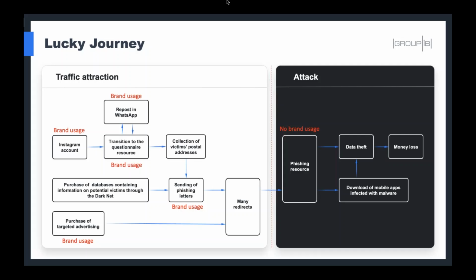So on the left side, you can see that the traffic attraction scheme really uses your brand, but the attacking scheme does not. And as soon as you get to this phishing resource, you will lose some data, money, etc. It works very much the same as the original phishing web portal.